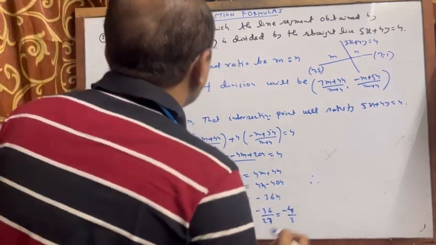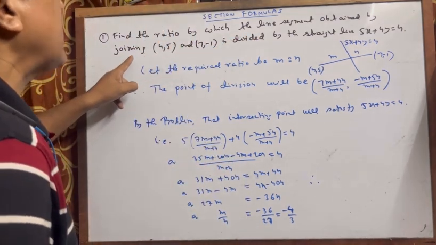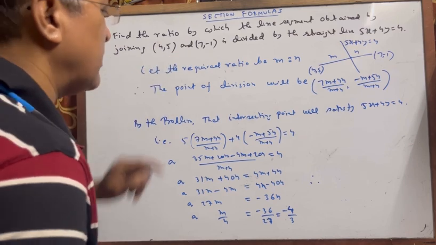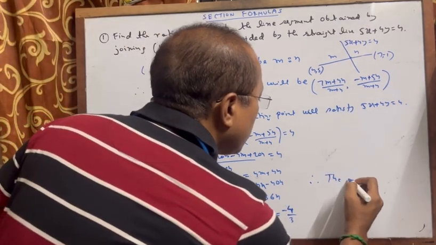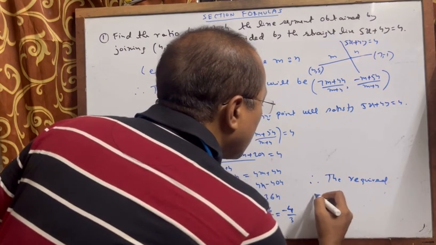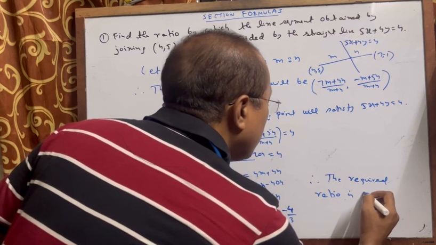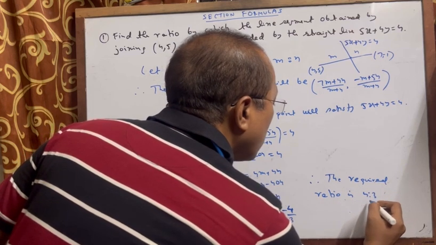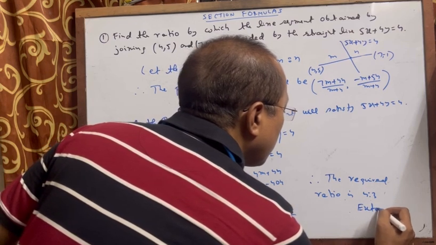Therefore, the question is, find the ratio by which the line segment obtained by joining these points is divided. Therefore, the required ratio is 4:3 externally.